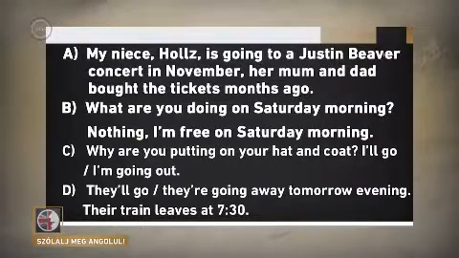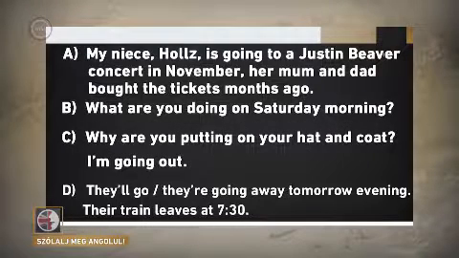All of these things tell us that it's a future plan. So, which form of the future is correct? Correct. The correct form is going to. So the correct answer is, why are you putting on your hat and coat? I'm going out. Great, well done.